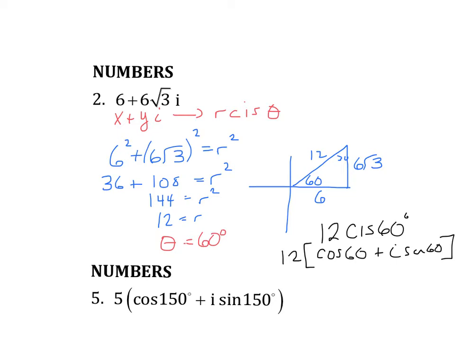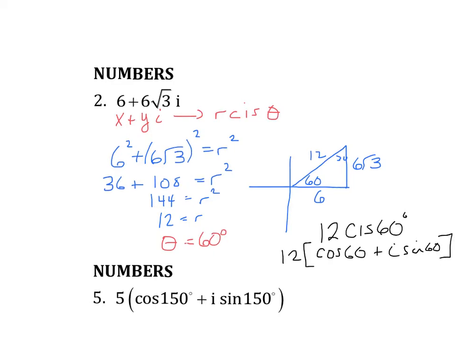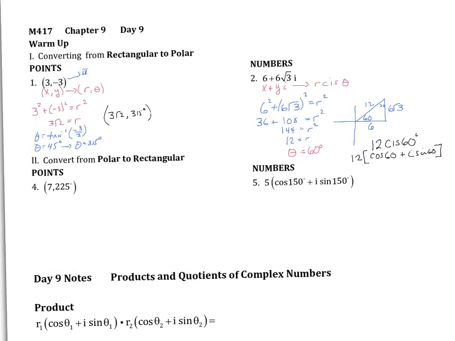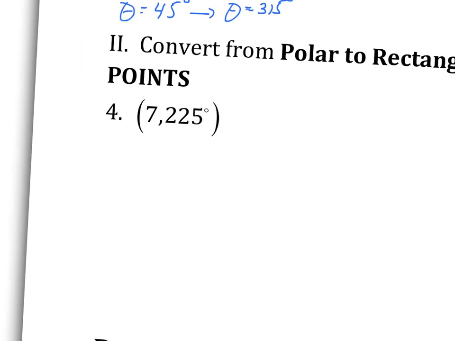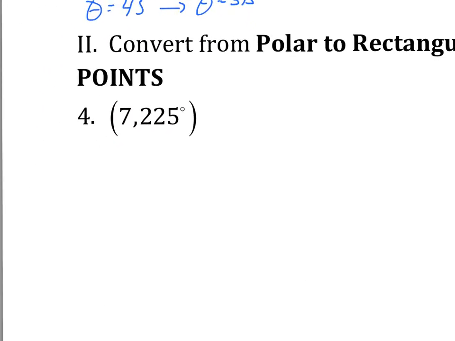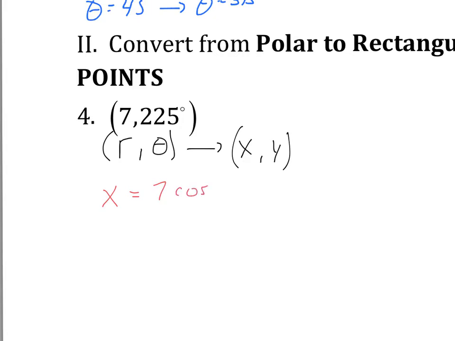And then we're going to be working from polar form all day today because it makes the operations a lot easier. Now going from polar to rectangular, this again is r, theta, and we need to convert this to x, y. So we're going to use the 2 formulas that we've been using for a while. x equals r cosine theta, and y equals r sine theta.